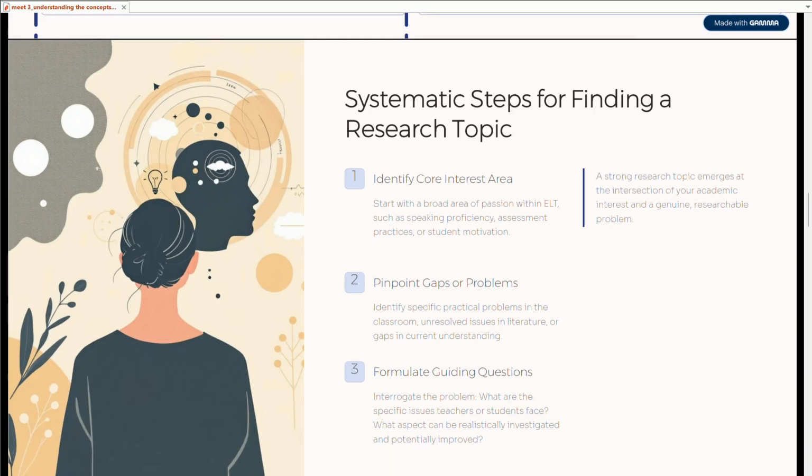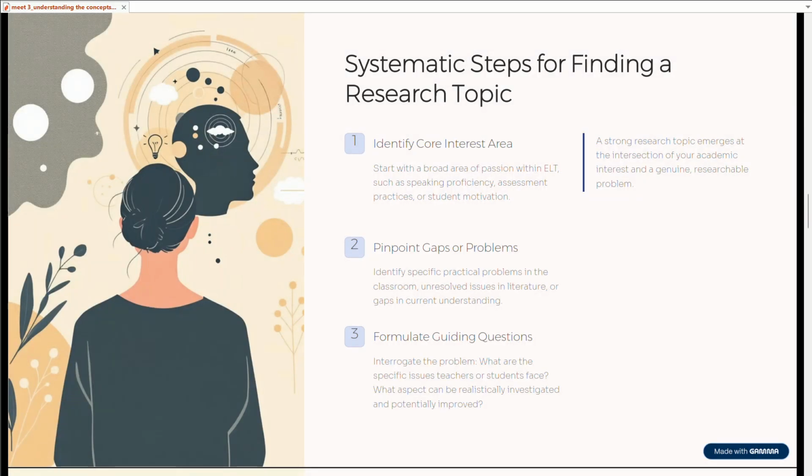Well, then how to find a research topic? These are the systematic steps for finding a research topic. The first is to identify the core interest area. Start with a broad area of passion within English language teaching, such as speaking proficiency, assessment practices, or student motivation.